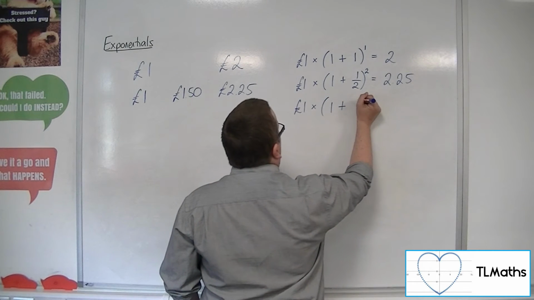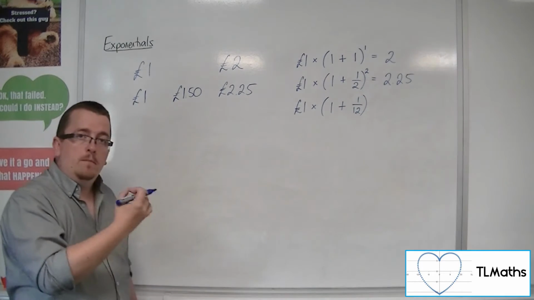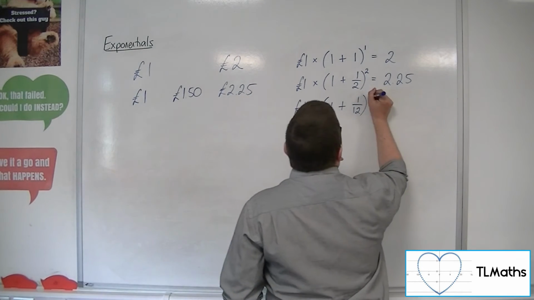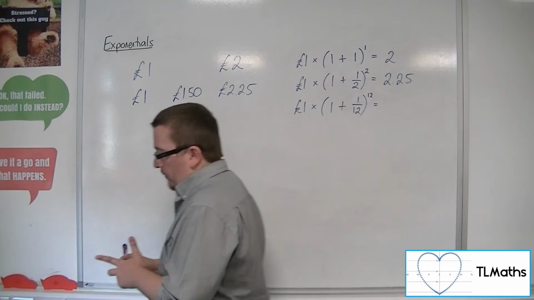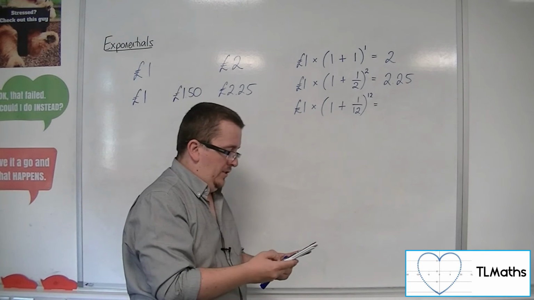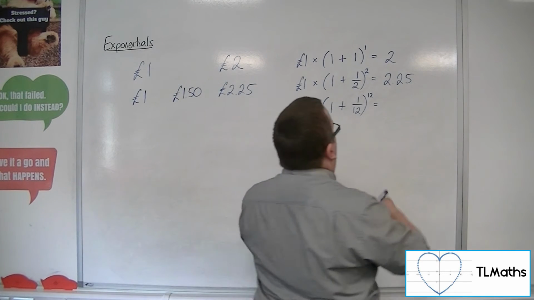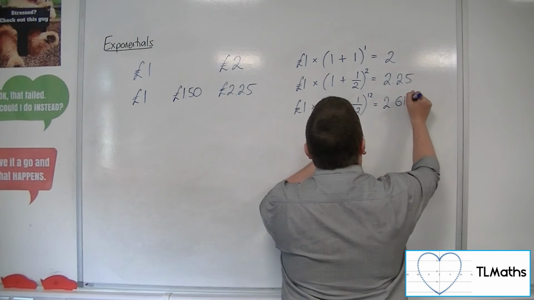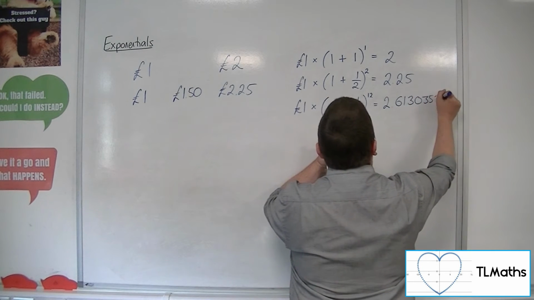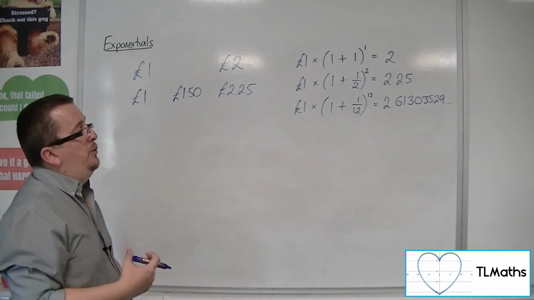Now the 100% is going to be divided up into 12, so you're getting 1/12 interest every month. And that's going to happen 12 times. So we've got 1 plus 1/12 to the power of 12. And that gets us 2.613033529. Okay? So I'd be up to £2.61.